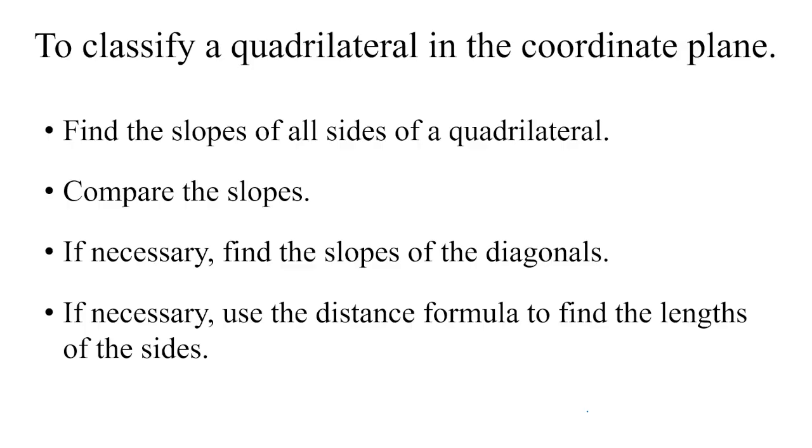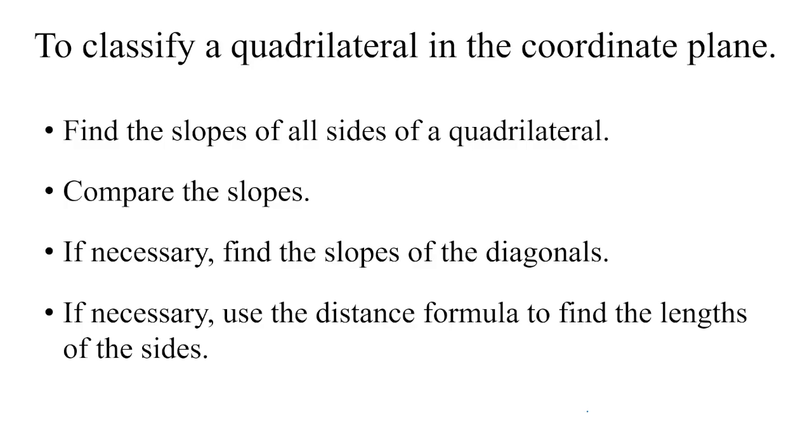If necessary, use the distance formula to find the lengths of the sides. Now, this is very important. The slopes can tell you if pairs of opposite sides are parallel and pairs of consecutive sides are perpendicular, meaning they form a right angle.